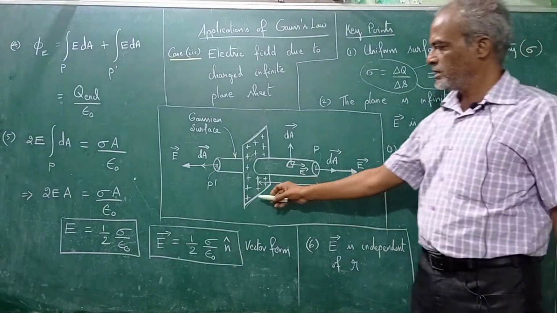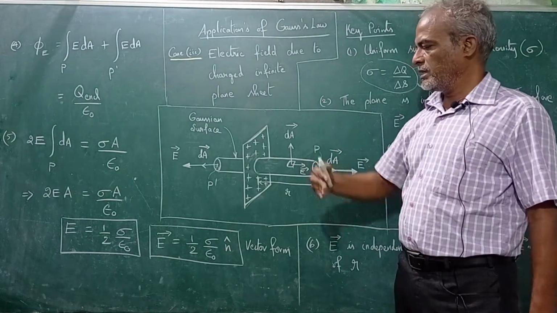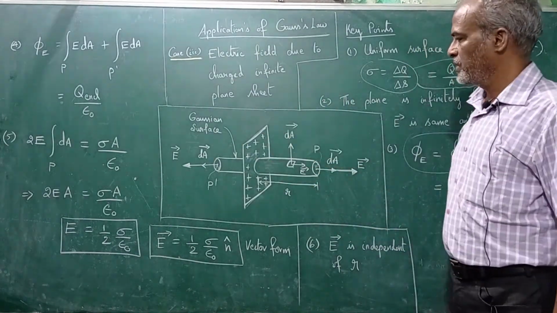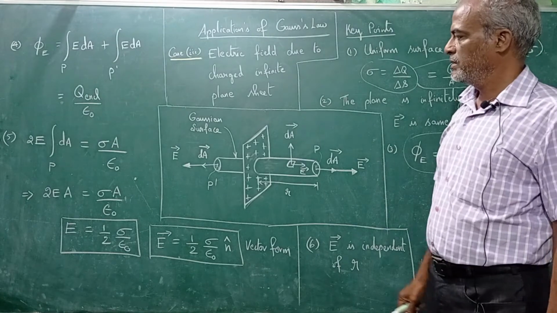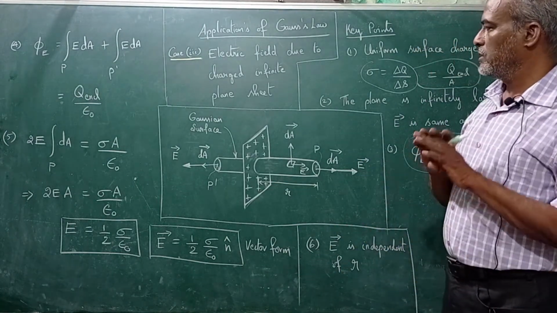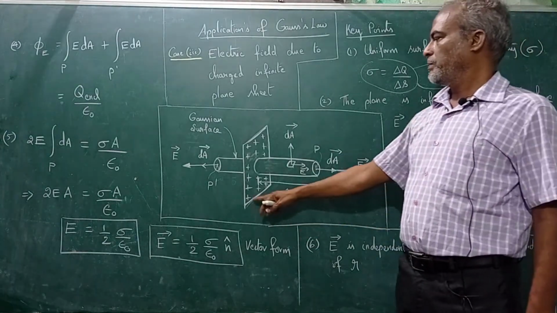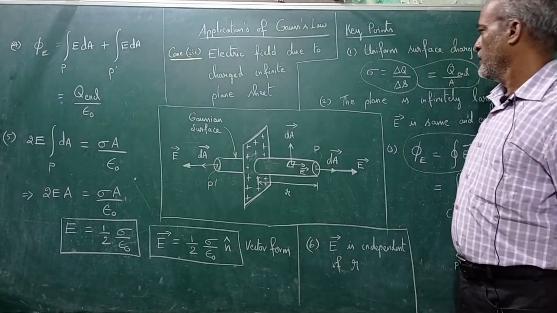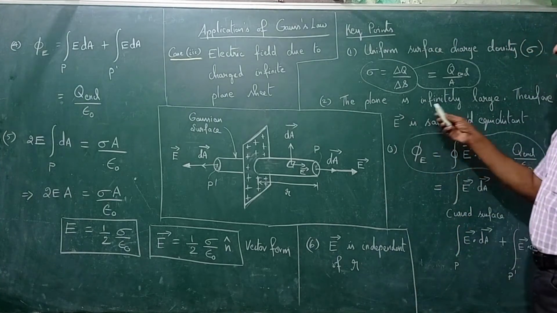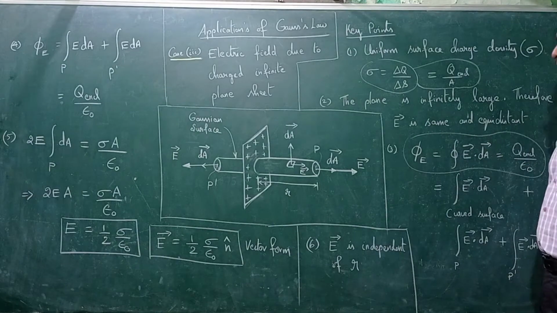That means this infinite sheet which is cutting the cylindrical Gaussian surface is charged with the plus q, and the charge density is uniform throughout this plate.